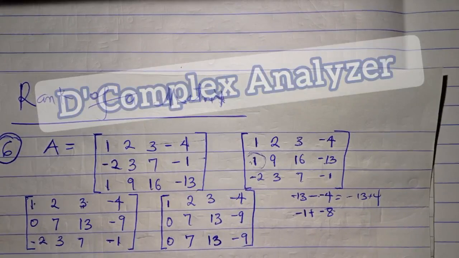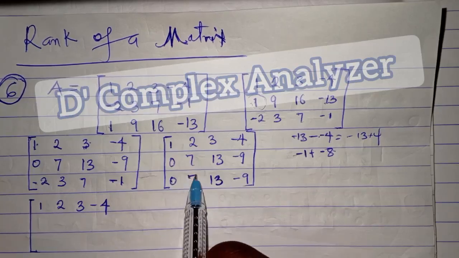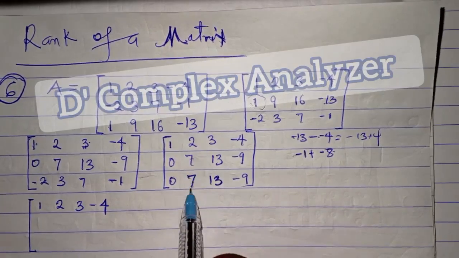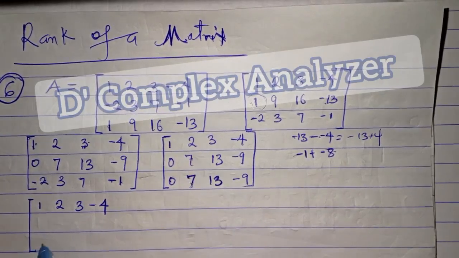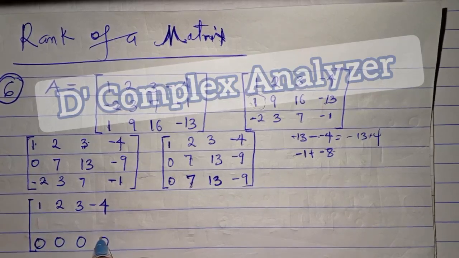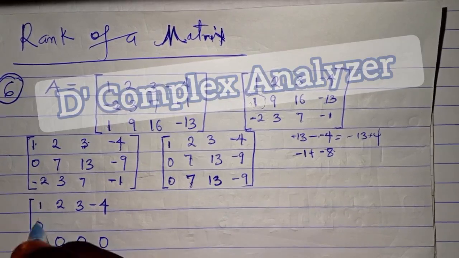Good. What can you see? Two rows are exactly the same. To make this entry 0, I will have to subtract either this from this or this from this. Whichever one I subtract from the other, everything here will be 0.